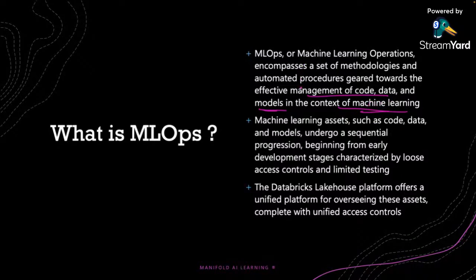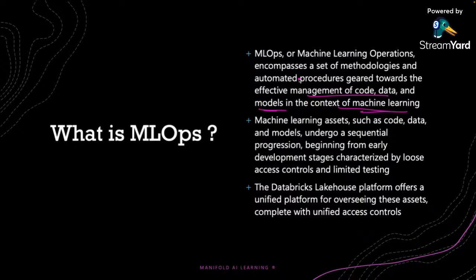We want to combine everything that makes up our machine learning implementation: code, data, and models. Effective management of these can be done with the help of machine learning operations.